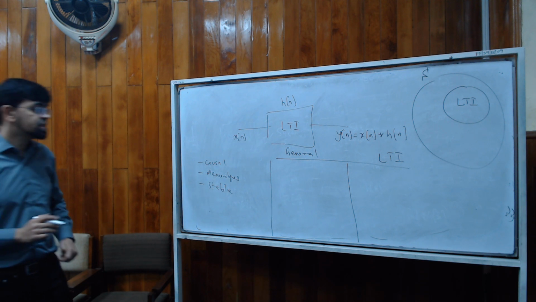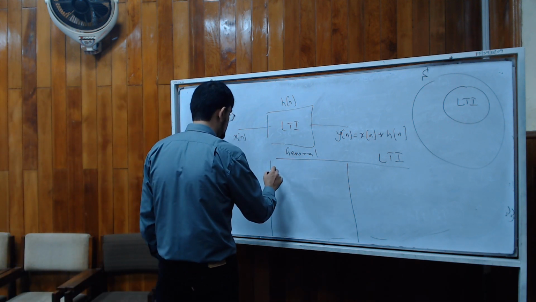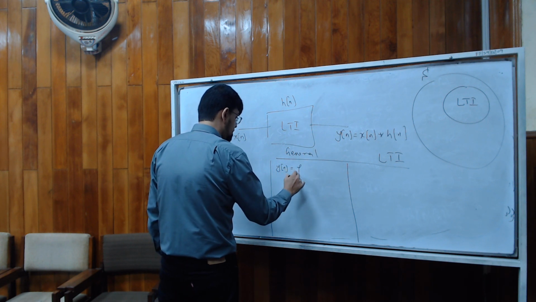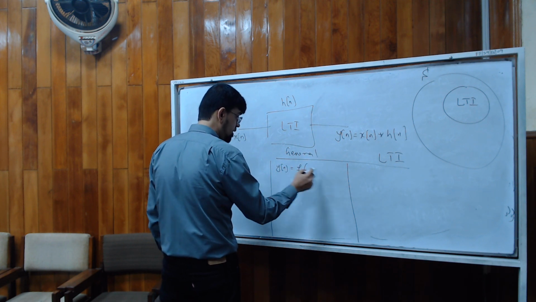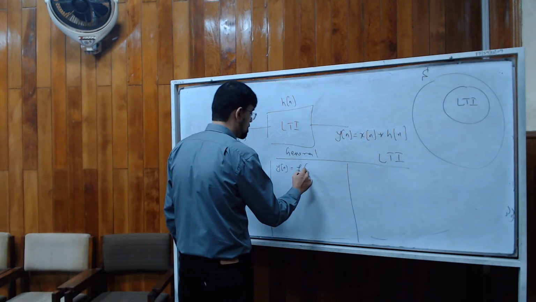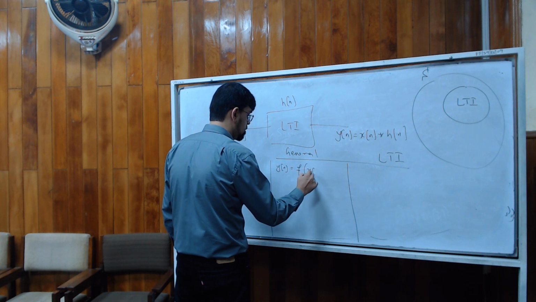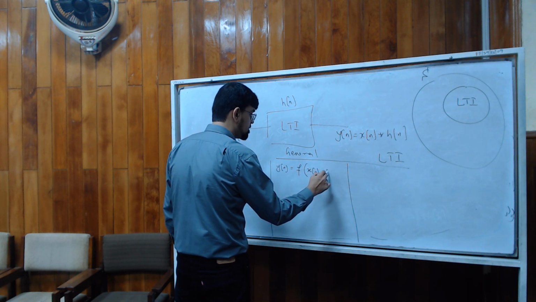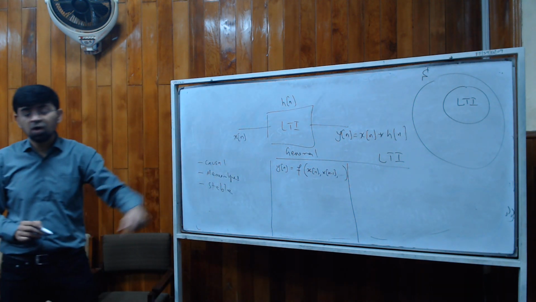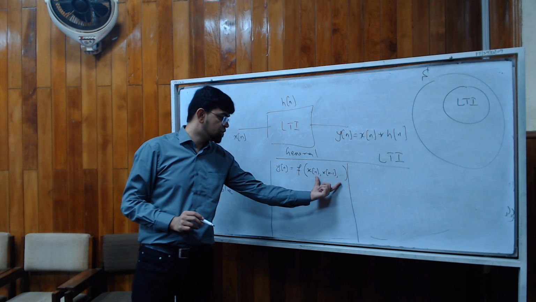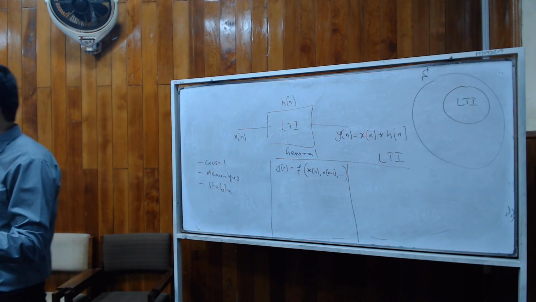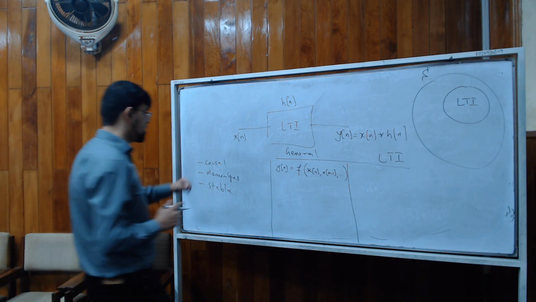A general causal system, we said, was such that the output, y[n], is a function of current and past values only. It doesn't have to be a function of all of them, but no future value should show up. If x[n+1] shows up here, then the system is no longer causal. That was the general case.